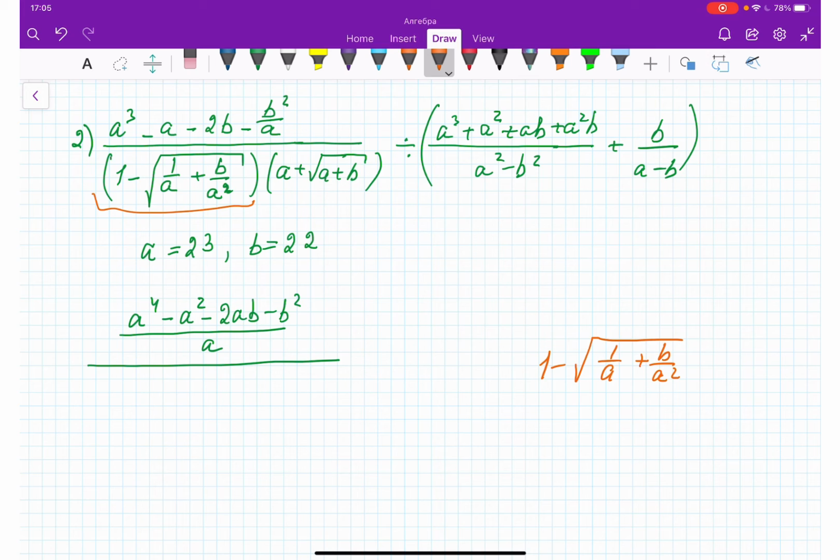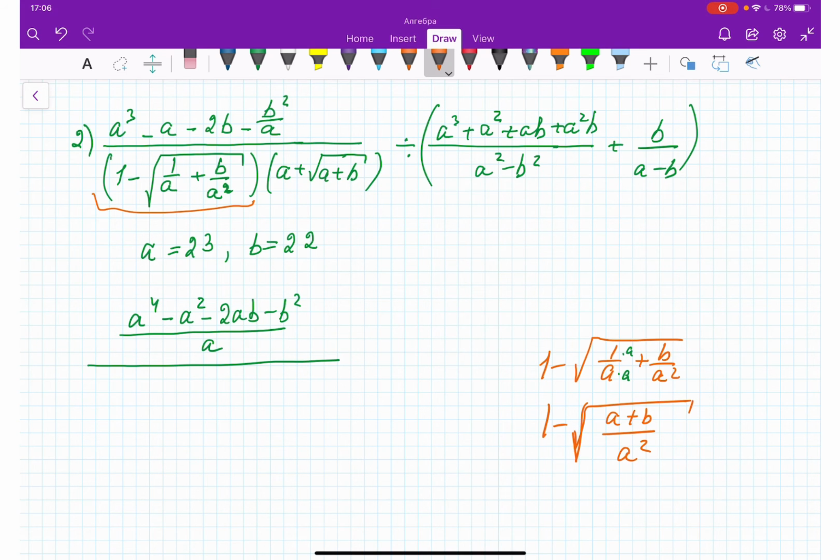I need to bring to common denominator: 1 minus square root, the common denominator here is going to be a squared, and we will get a squared, correct, a plus b, correct?